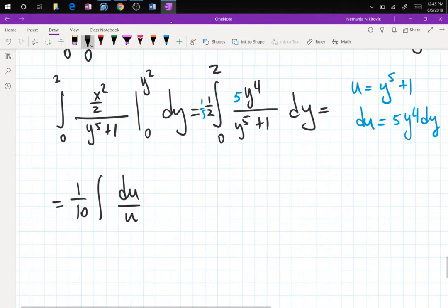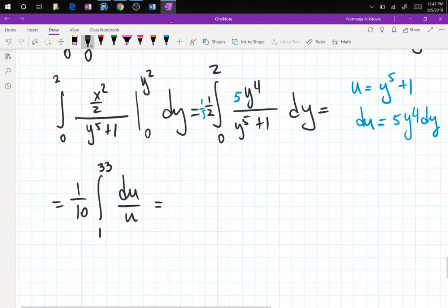And what are my limits? When I plug in 0, the bottom limit becomes 1. When I plug in 2, 2 to the 5th is 2, 4, 8, 16, 32, so 32 plus 1 is 33.